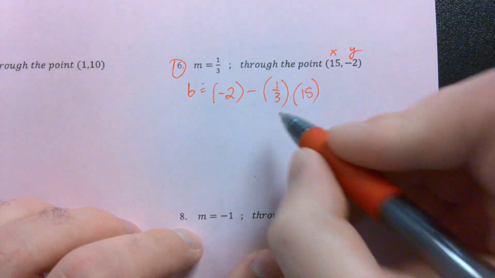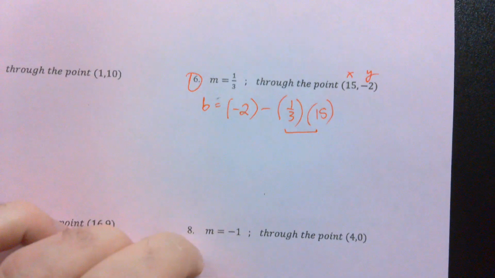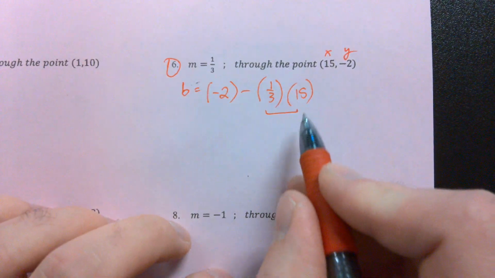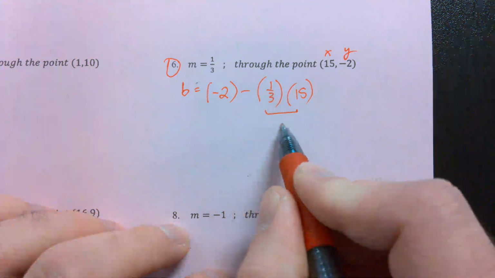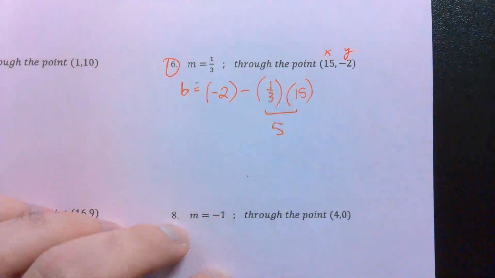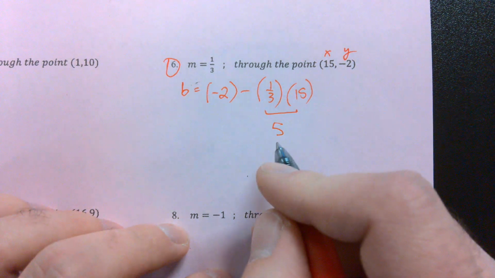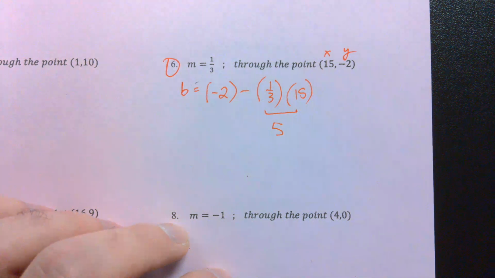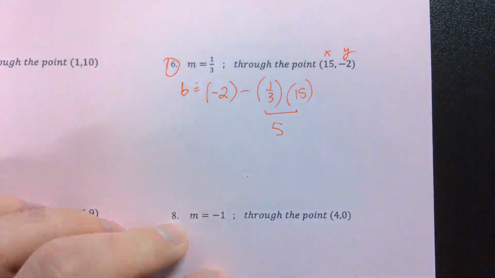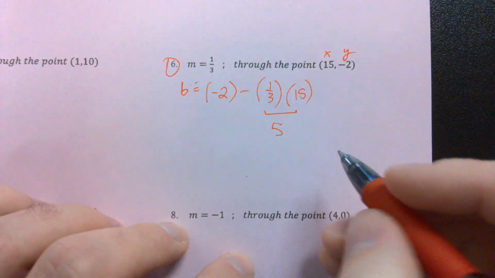What would that be? Well, what's 15 divided by 3? 5. So 1/3 of 15 is 5. Right? If we took that number 15, broke it up into 3 even parts, it would be 5, 5, and 5. Yes?